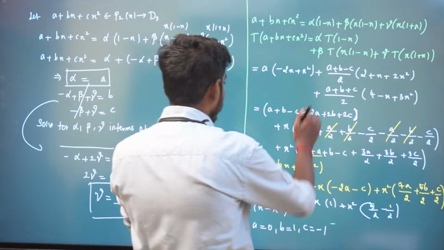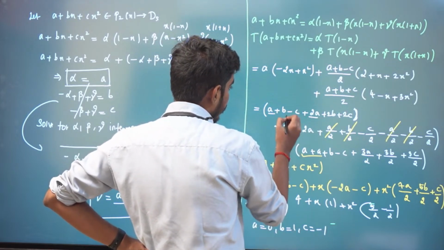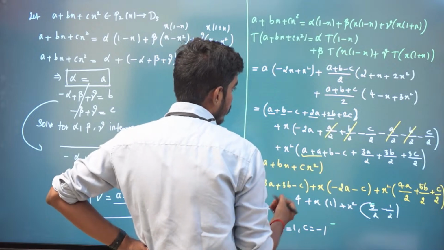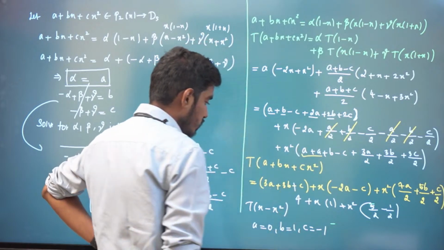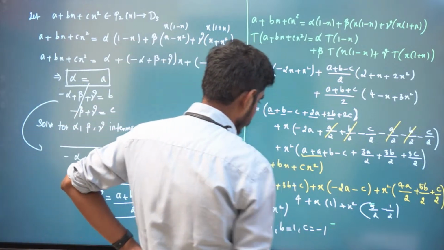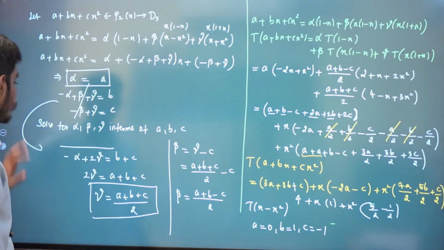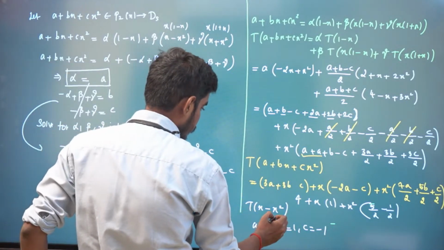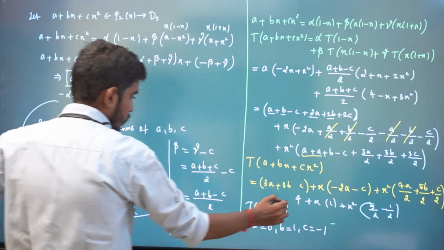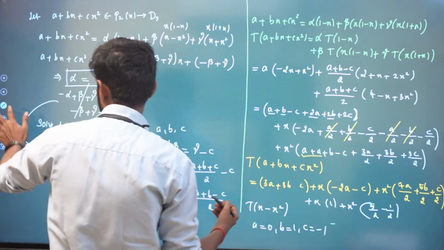Okay, it is plus c, right? 2a plus a is 3a, b plus 2b is 3b, minus 2c plus c... this is plus c. Yes, this is plus c. Yes, now we'll be getting the answer. Correct only. This is plus c.